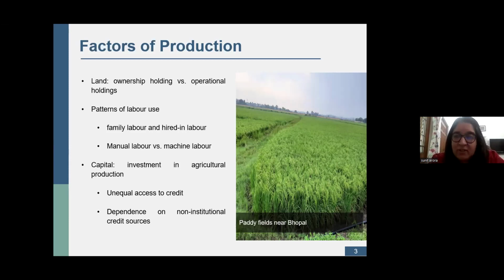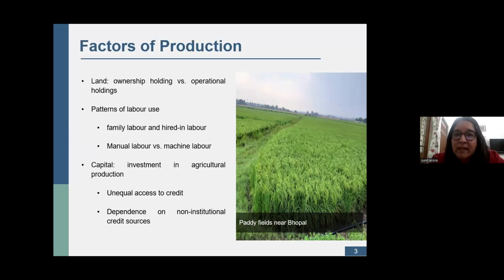Another factor of production is labor use. Everybody knows how labor is extremely crucial in any kind of production process. When it comes to agriculture, we need to identify between different kinds of labor and different contracts of labor. By different kinds, I'll just talk about two main ones, which is family labor and hired in labor.